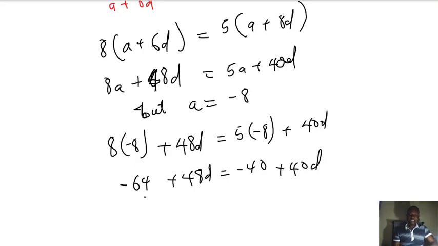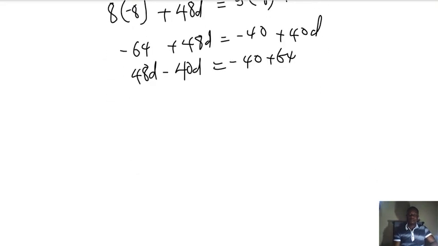Okay, let's group like terms. So we have 48d minus 40d equal to -40 plus 64. When this one crosses over, it becomes positive 64. So 48d minus 40d will give us 8d, and -40 plus 64 will give us 24.